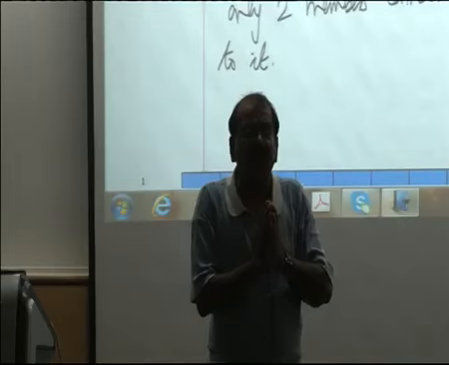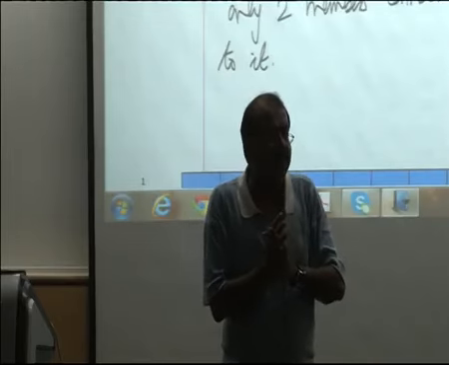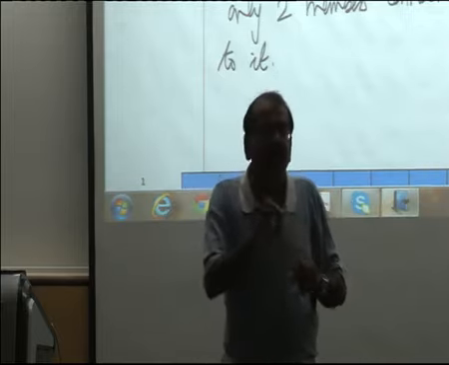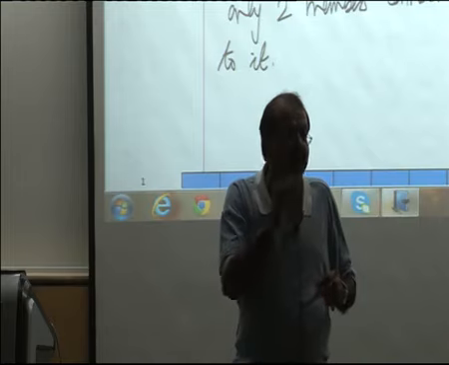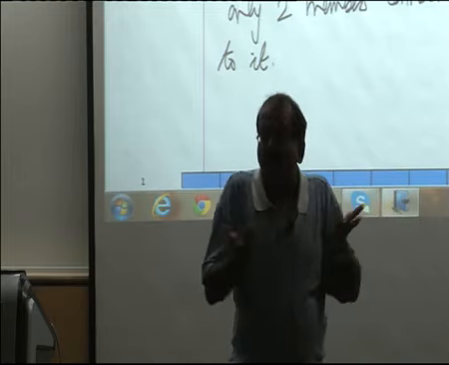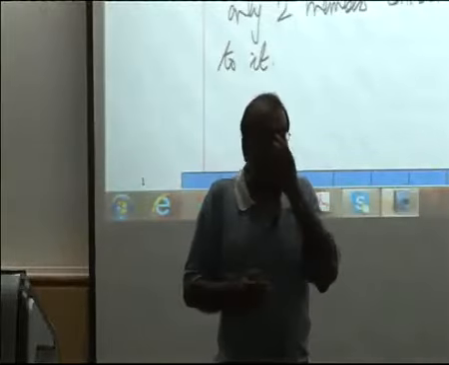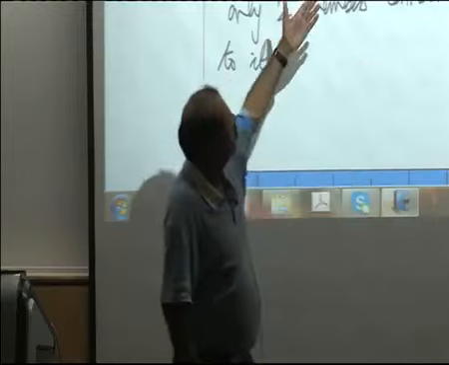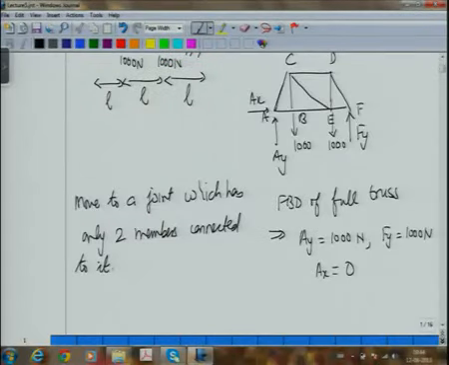Why do I go to a joint connected to two members to start with? Because I will draw the free body diagram of the joint and solve the equations, since it is a point where all forces are intersecting. So, I will get, for a planar case, only two equations. So, that is why I go to a joint connected to only two members.